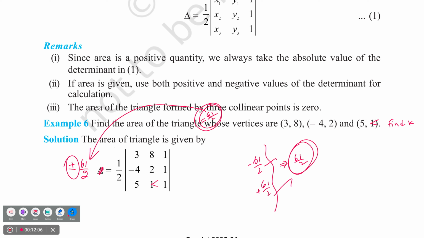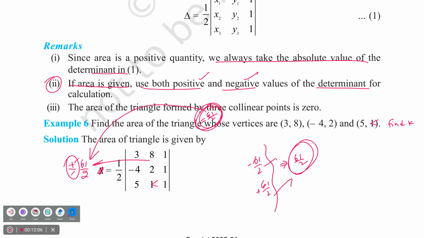That is point number 2 they are telling. So point number 2: if area is given, say 61 by 2, use both positive and negative in the determinant. When you apply the determinant, you should take plus or minus, not only what is given. Very important. Okay. Next, since area is positive, always use the absolute value of the determinant.